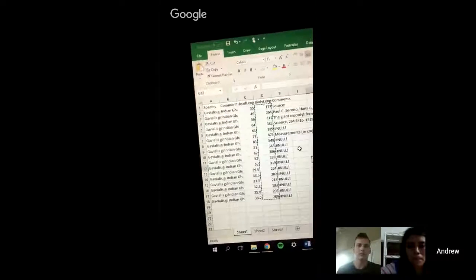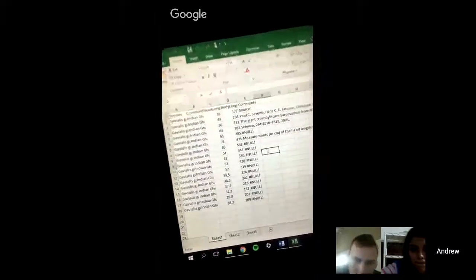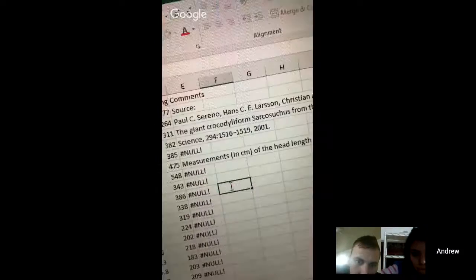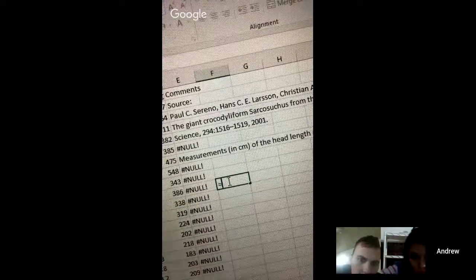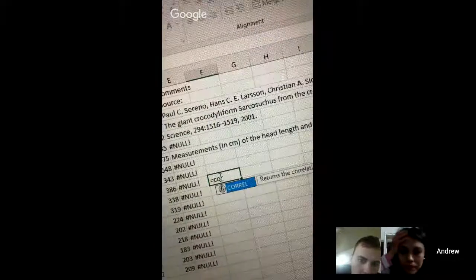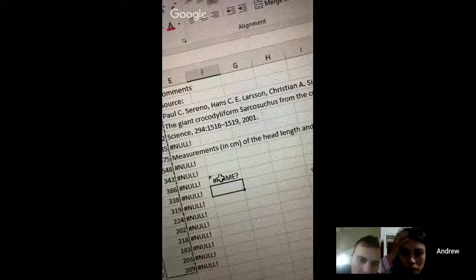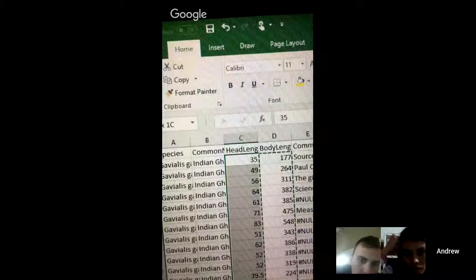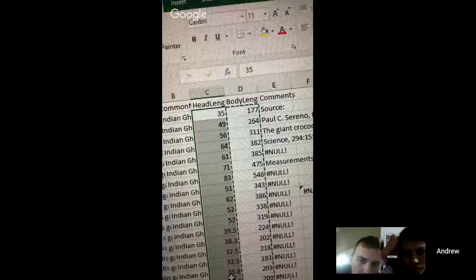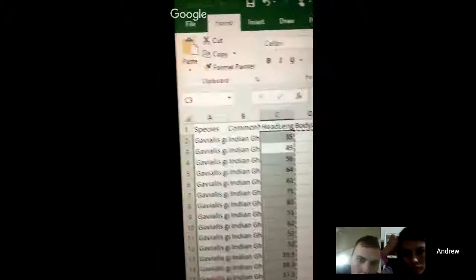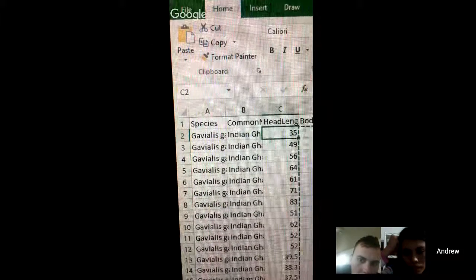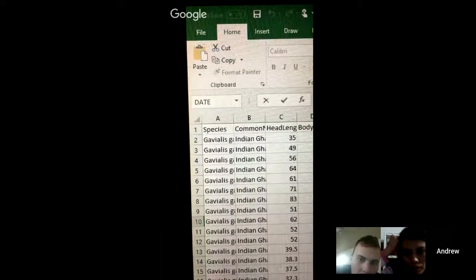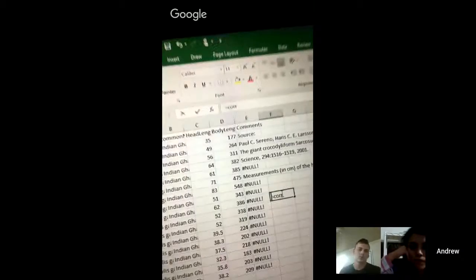Okay. So you click on a cell right here, and then hit equals. I can see it. And then you type COR, and correlation pops up. You click enter, and then you highlight the data, hit enter. Okay. Oh, no. Hey, it got off the thing. Hold on. Hey, do it right.